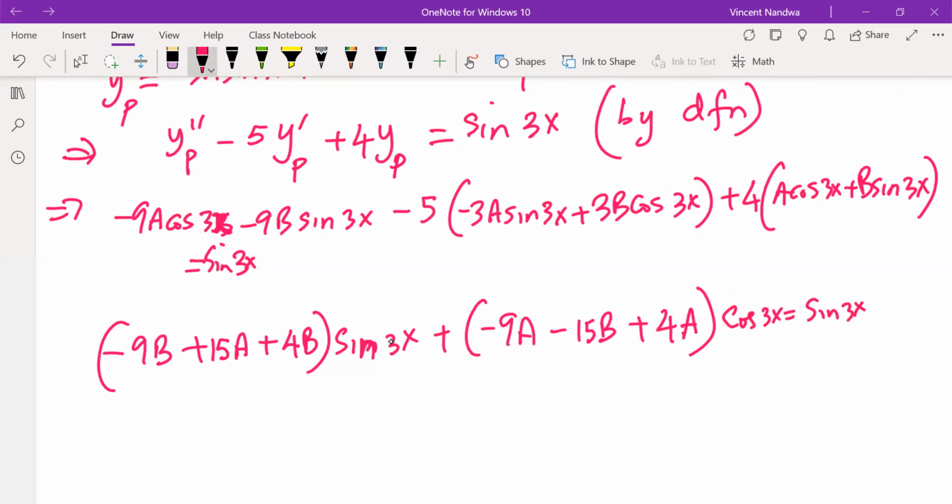And so that I have cosine on the right hand side, I can just write plus 0 cos of 3x.